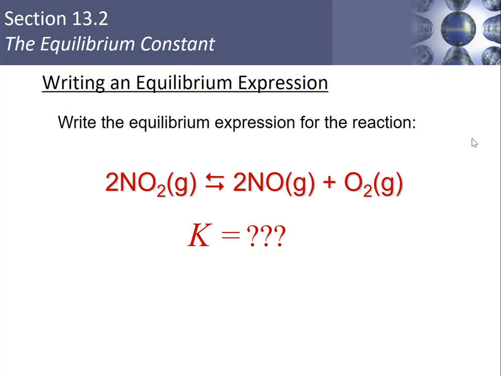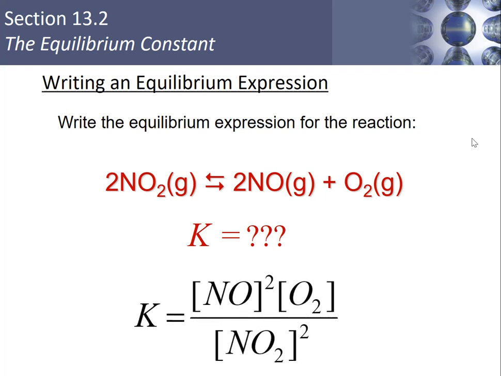You should actually do it. All right, you're going to have your products. K is equal to the concentration of nitrogen monoxide squared, times the concentration of oxygen, divided by the concentration of nitrogen dioxide raised to the second power.